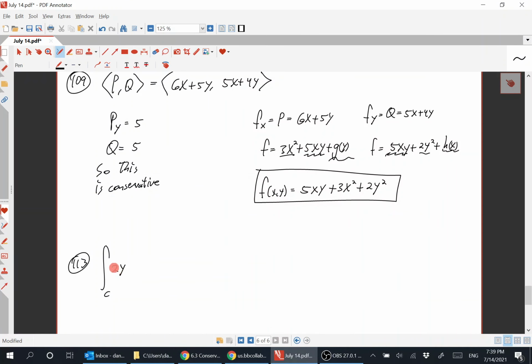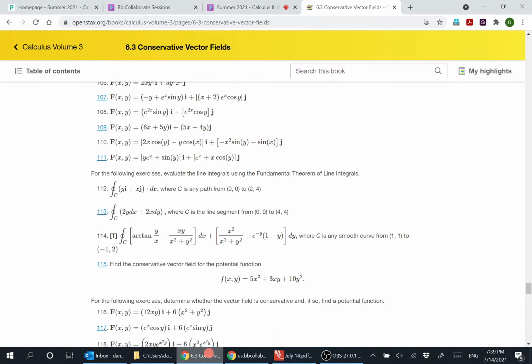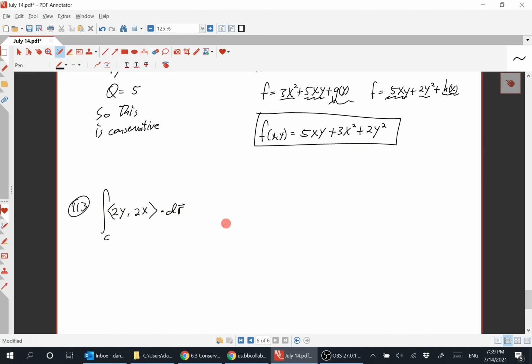So this is F dot dr, where this is F. And C is the line segment from (0, 0) to (4, 4), but I mean, it can be anything.